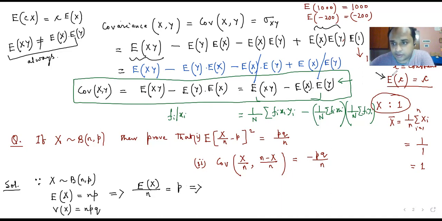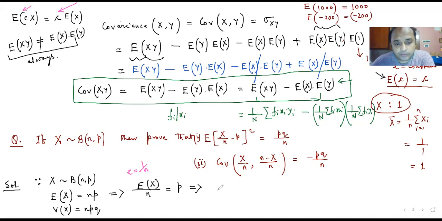Oh no, this is not the right one. The right formula that I will be using is this one. So you see that here the constant quantity C is actually 1 by n. So we can take this particular constant inside the expectation sign because we know these two are equivalent.